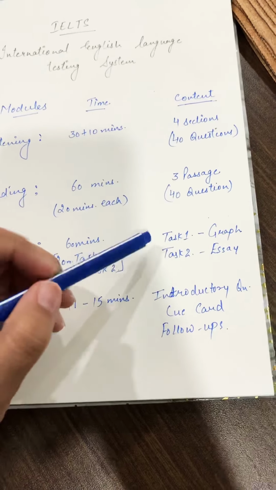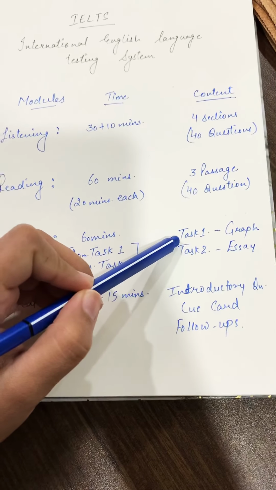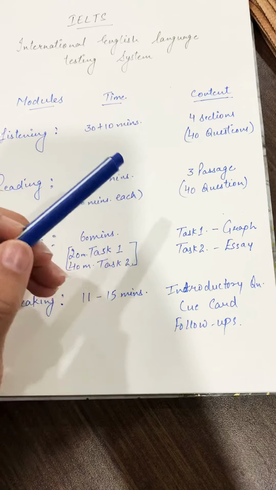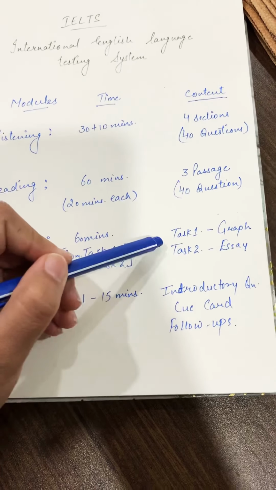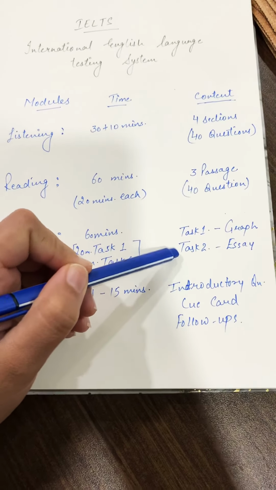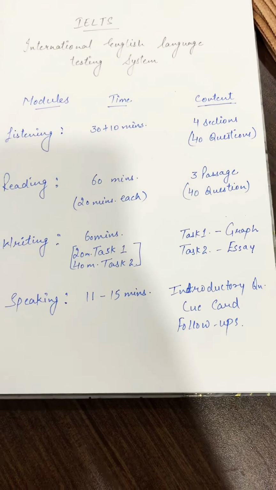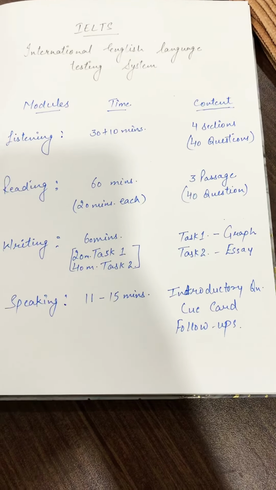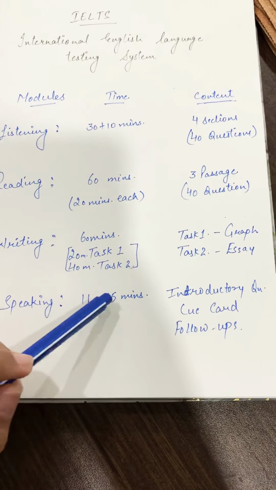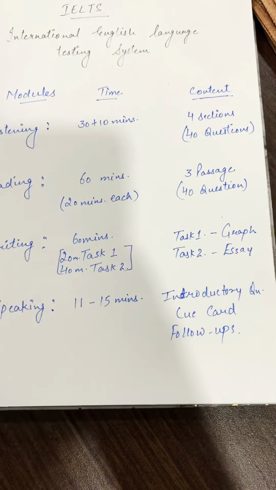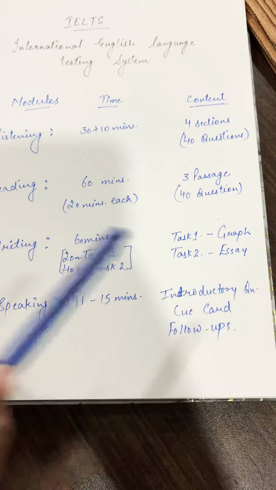These are some examples of task 1, and you will be writing some material on behalf of that. Whereas in task 2 you will be given an essay topic that can be agree or disagree, advantage or disadvantage. These are some types of task 2 where you have to write the essays.